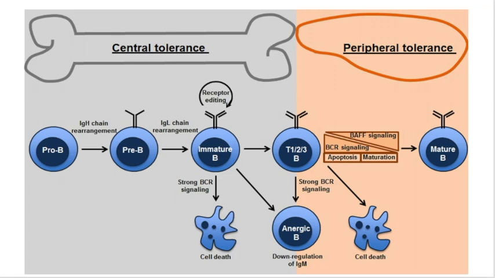This is when there's a large number of autoreactive B cells. And if this is not a good cell, we basically get apoptosis, and that is clonal deletion if it is exposed to self-antigen. Some immature B cells escape this receptor editing and clonal selection, and they will then escape into the peripheral circulation.